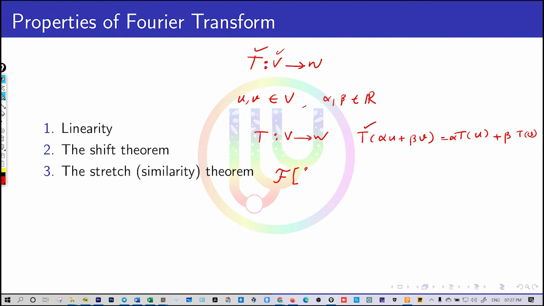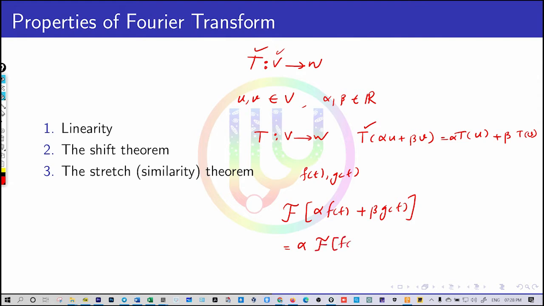If I have two functions f of t and g of t, then the Fourier transform of the linear combination alpha f of t plus beta g of t is equal to alpha into Fourier transform of f of t plus beta into Fourier transform of g of t.